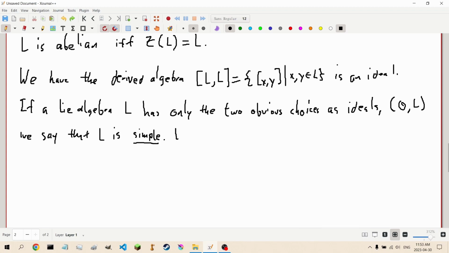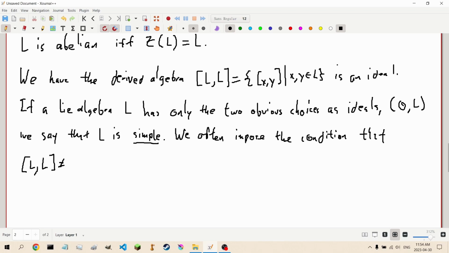So we often impose the condition that the bracket of L with itself, the derived algebra as we saw above, is non-zero, to avoid just the trivial cases we can get.